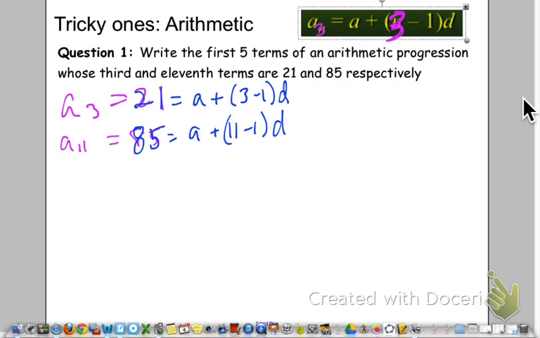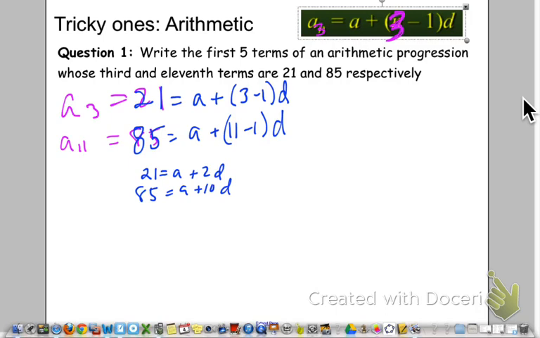So I'm going to simplify those, and it gives me a system of equations. So 21 equals a plus 2d, and 85 equals a plus 10d.